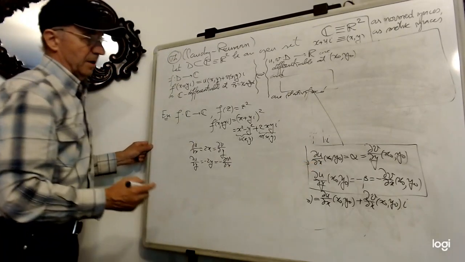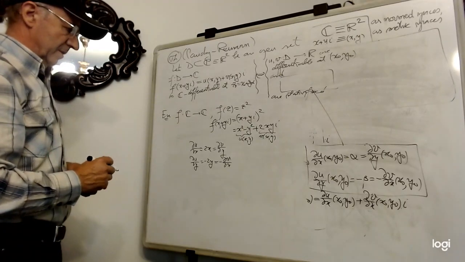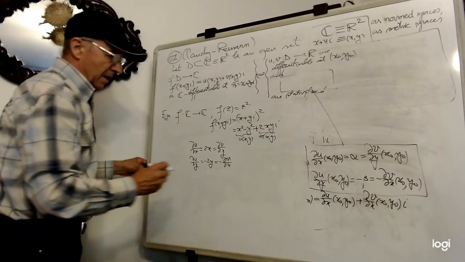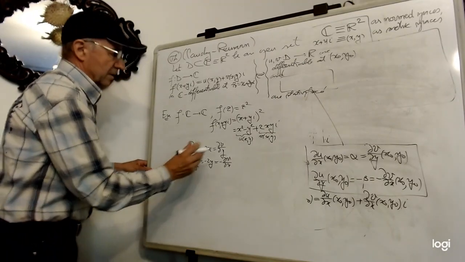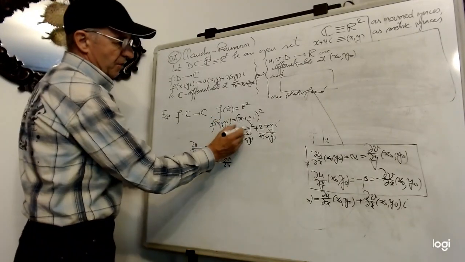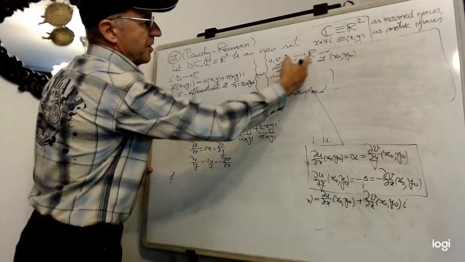So the Cauchy-Riemann conditions are satisfied, and these two functions, u and v, are differentiable functions.